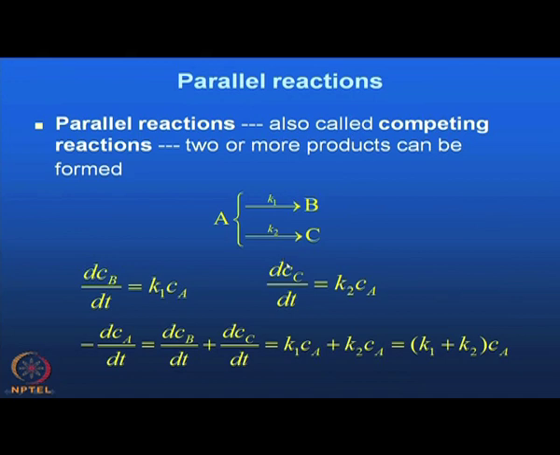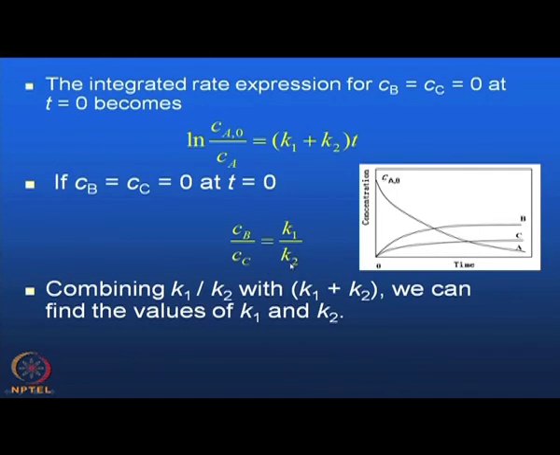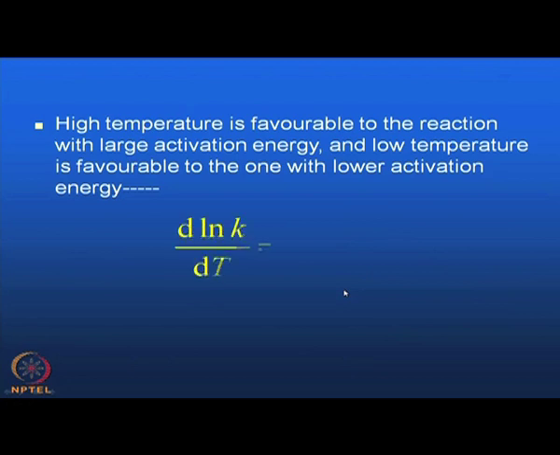So, it is a simple first order parallel or competing reaction, and basically your reactant is depleted in first order kinetics and the products of the parallel reactions are formed like an exponential growth, and you can also find out k1 and k2, of course knowing k1 by k2 for this parallel reaction. And of course, temperature has an immense importance on which step will be favored or not, that you can find out using the Arrhenius equation.